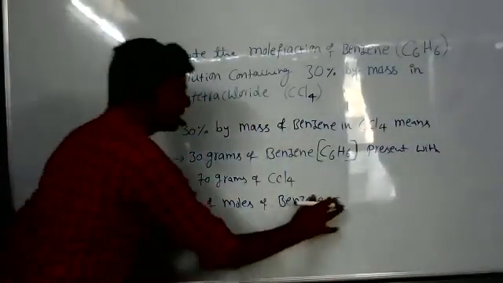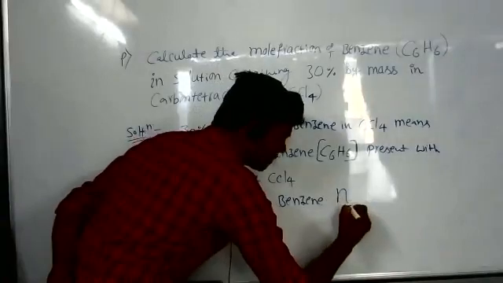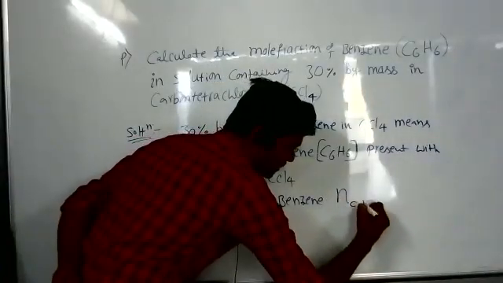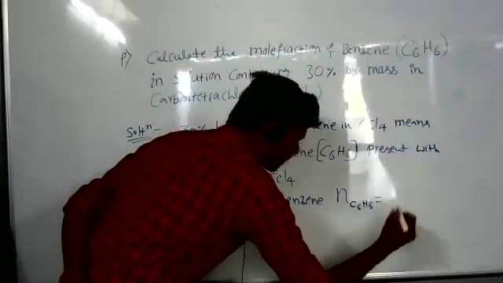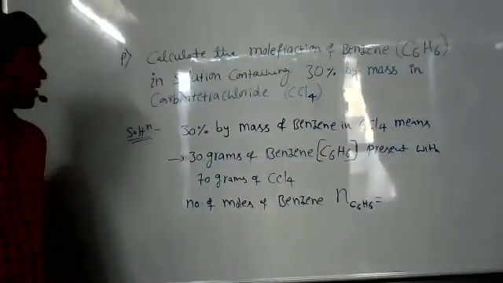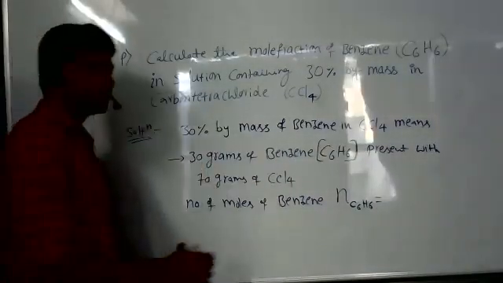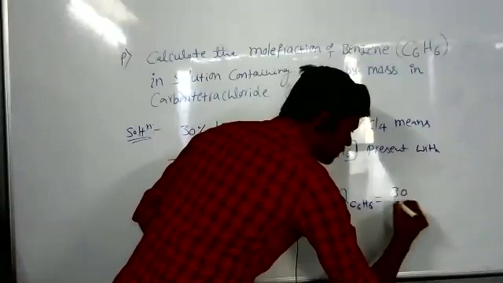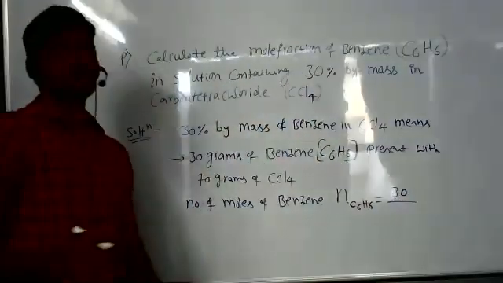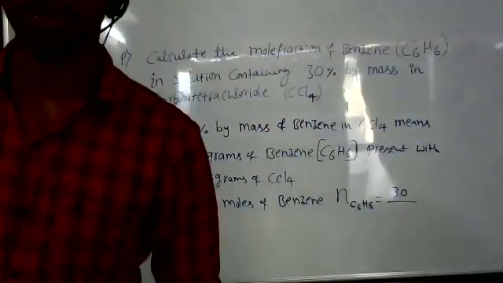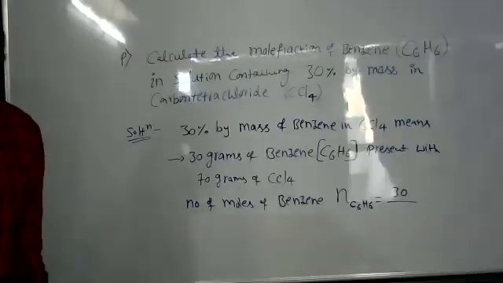Number of moles of benzene, you write n C6H6 equal to mass of benzene, 30 grams. What is molar mass of benzene? C6H6 molar mass 78.